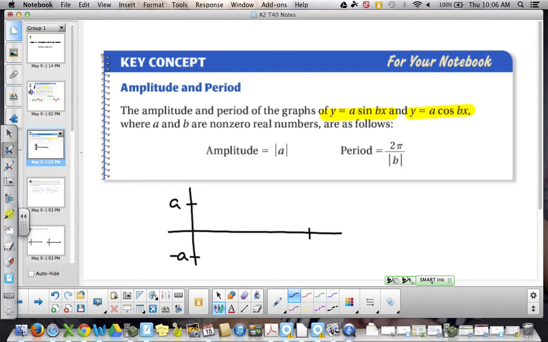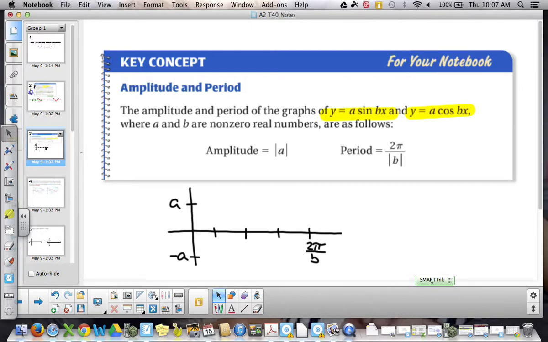So that's going to tell you where your maximums and minimums are. Then to find the period, we take 2 pi divided by b. So that'll be out here. So 2 pi over b will be that mark. And then we're going to have a mark in the middle, and then halfway between there again and halfway between there. And that's how you're going to always set up your graph for sine and cosine. It's by using those two.